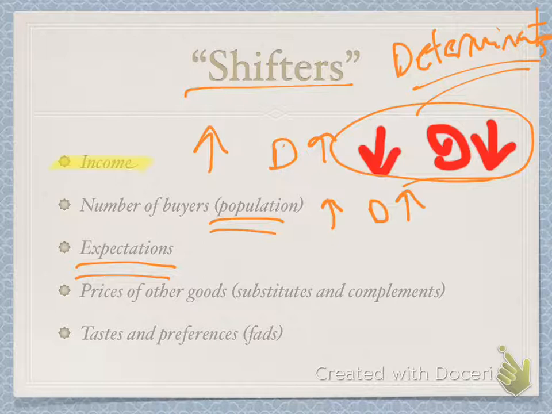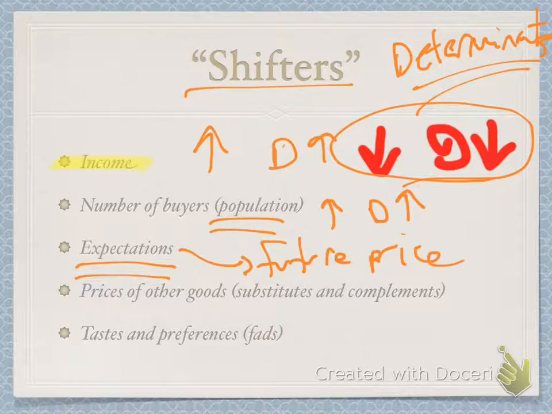If you expected the price to be cheaper tomorrow, your demand would decrease today. And that's a shifter. You're not changing the price, it's expectations of a future price. Maybe you can put that, expectations of future price can shift the price today.